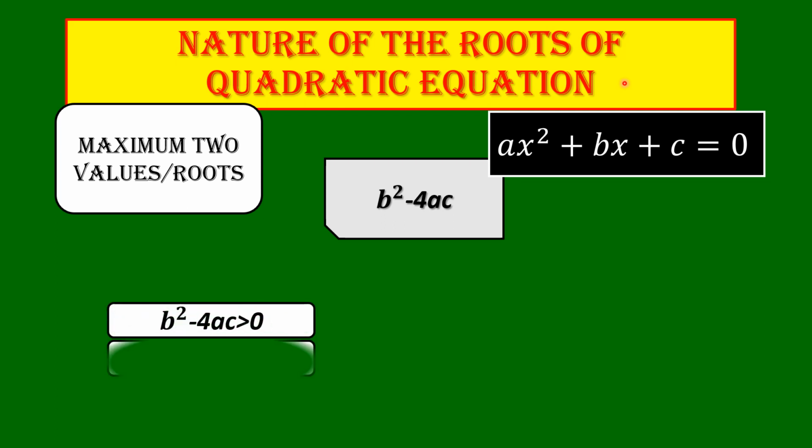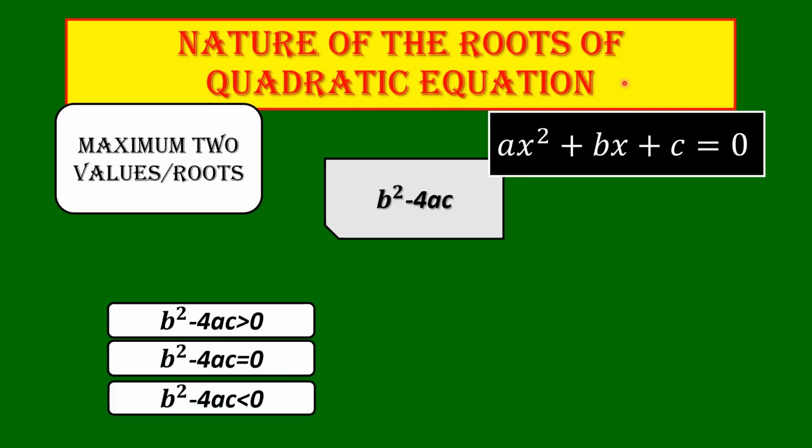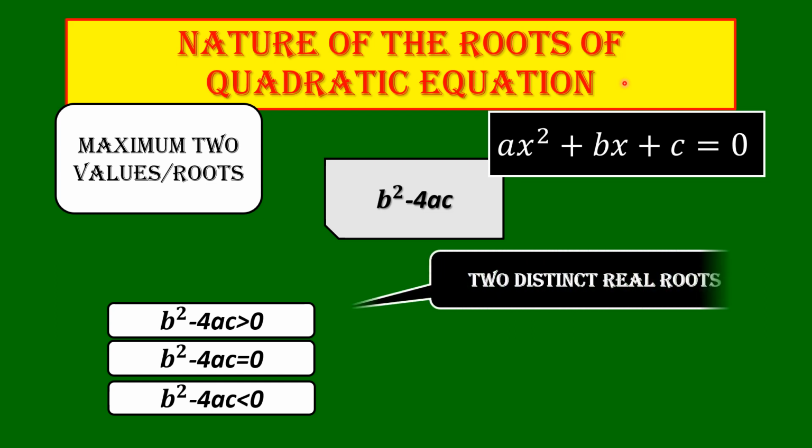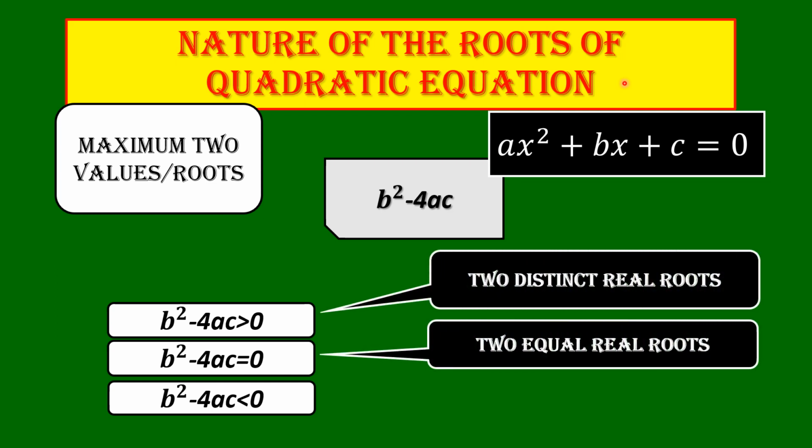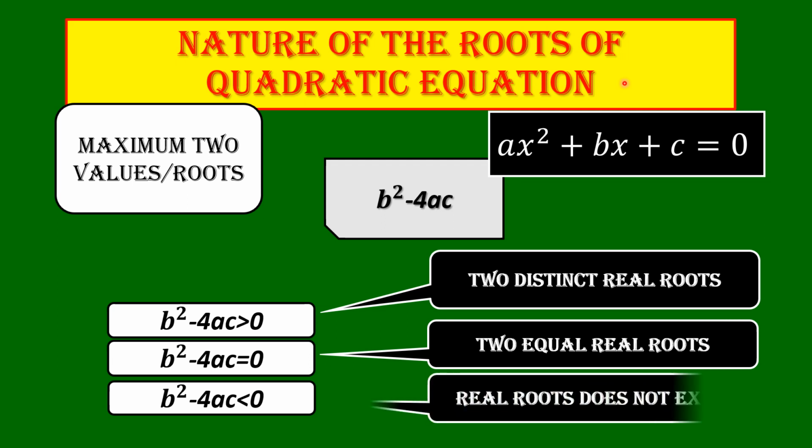First one is greater than 0, equals to 0, or less than 0, right? Accordingly, the nature of roots of quadratic equations is defined. If the value is greater than 0, we'll have two distinct real roots. If it is equal to 0, then two equal real roots are possible, and if it is less than 0, then a real root does not exist for that particular equation.